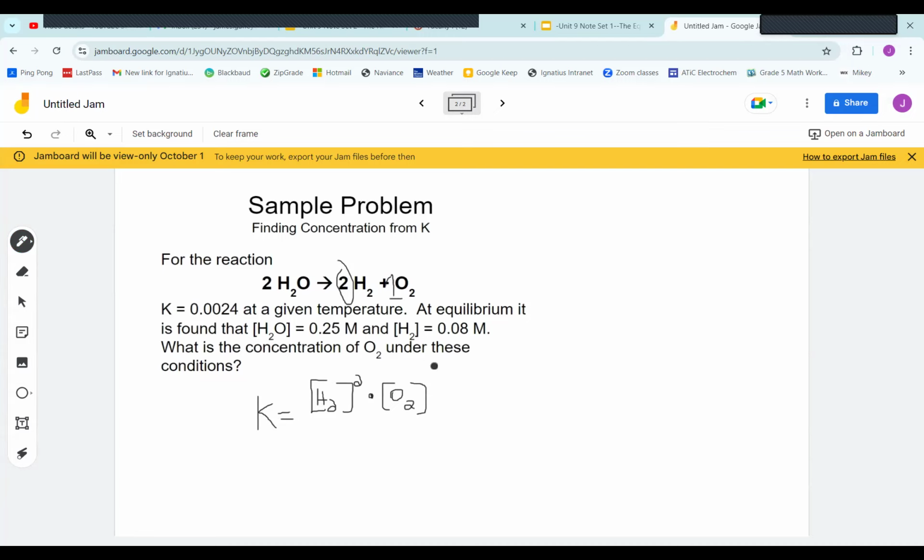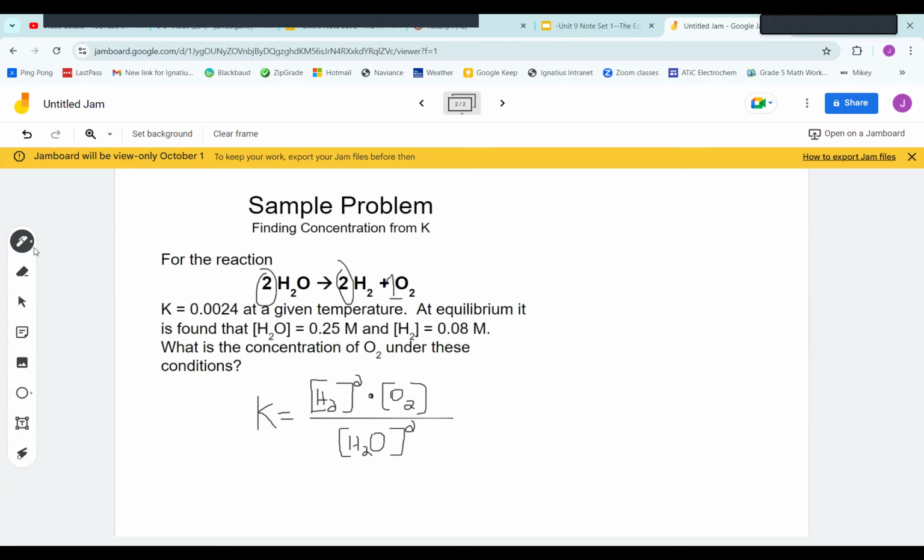So you could write an implied exponent of 1, or you could just leave it blank. Most of the time, people leave it blank. There is one single reactant in the equation. So if it's written to the left side of the arrow, I'm writing it down in the denominator. It's H2O, and its coefficient is 2. So we've got to make sure to put the exponent 2.